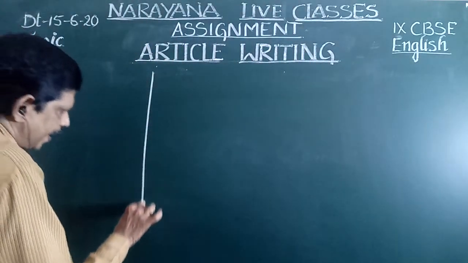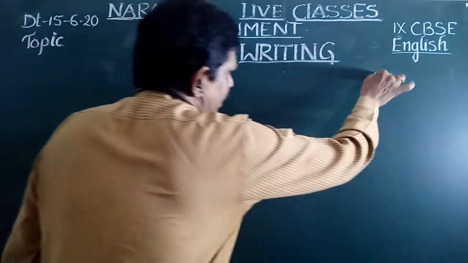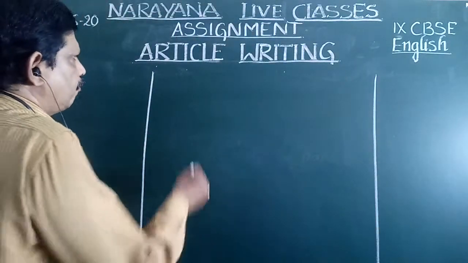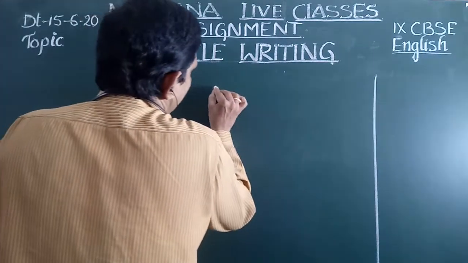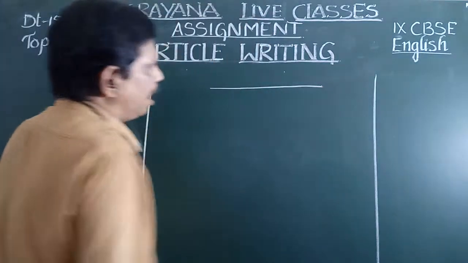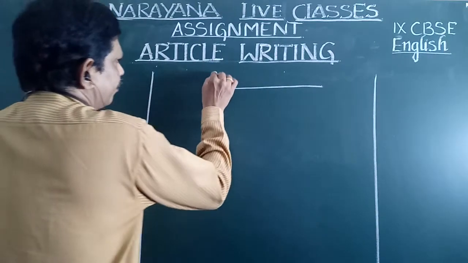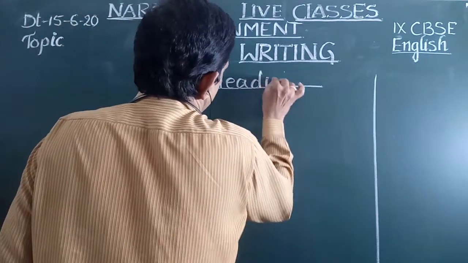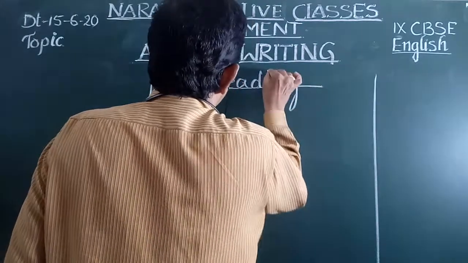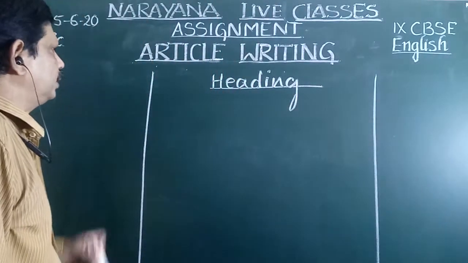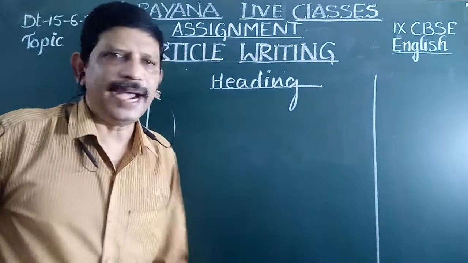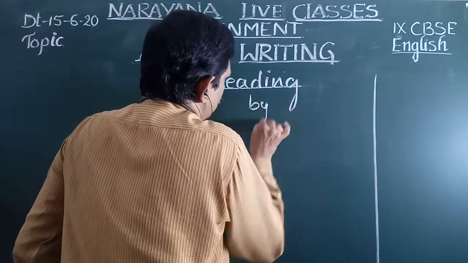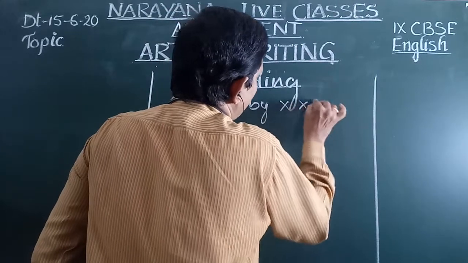Article writing has the following steps. We have to follow these steps. First of all, the heading should be written in the middle of the page. As far as possible, you have to put the heading in the middle of the page, and it should be followed by a byline.